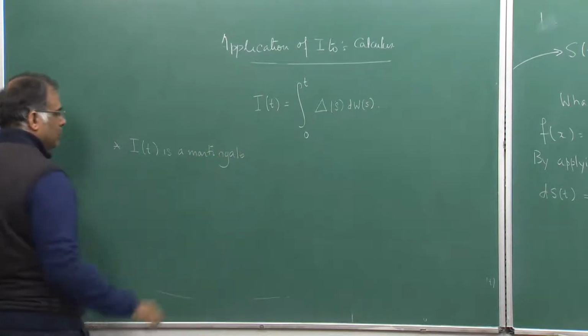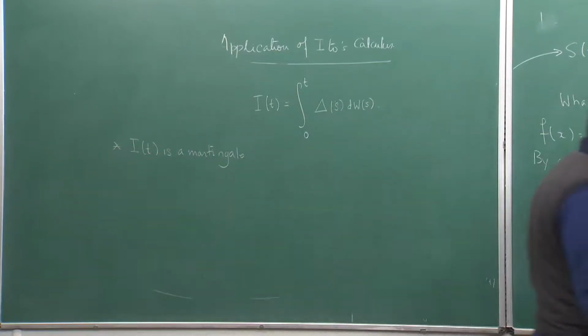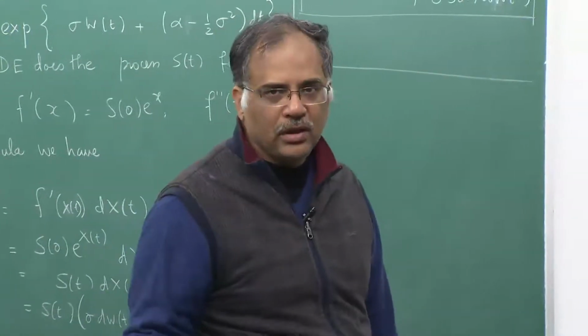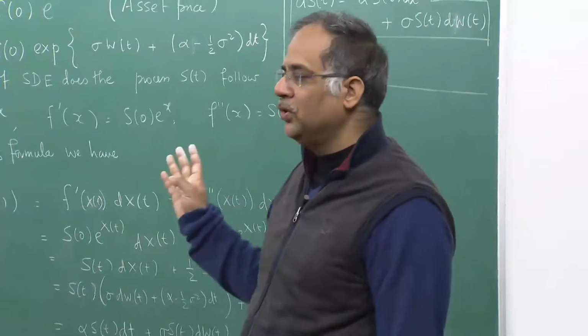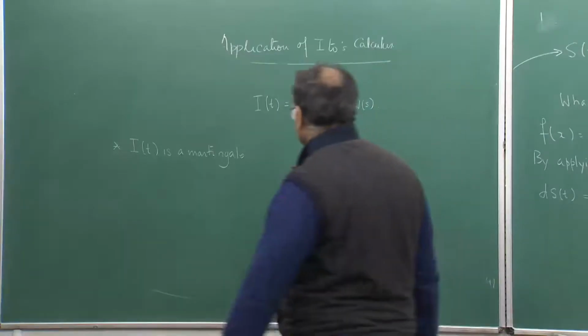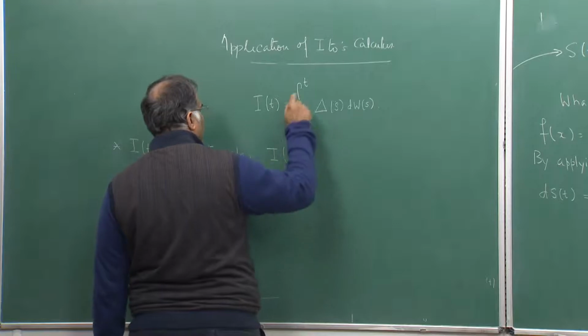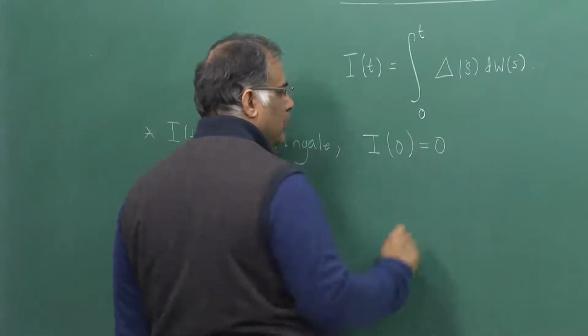Martingale means that whatever be the mean of the first random variable of the process, x0, the same mean would be for all the other remaining random variables. Now I0 is equal to 0, because you put t equal to 0. So the expected value of I0 is 0, and we know for any t the expected value of I_t equals the expected value of I0, because this is constant, so it is 0.